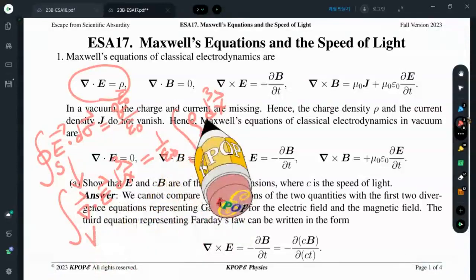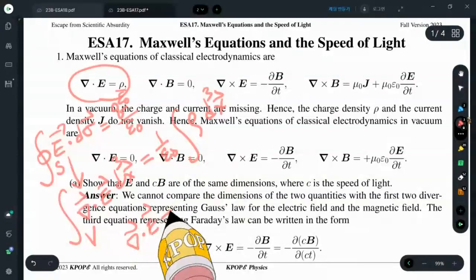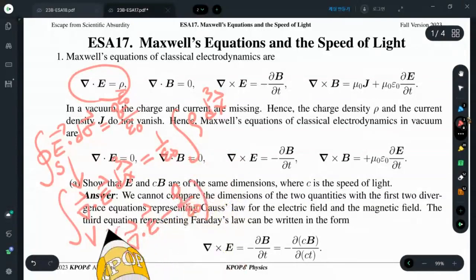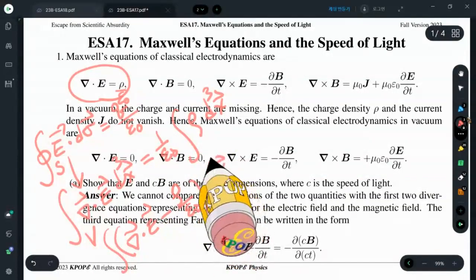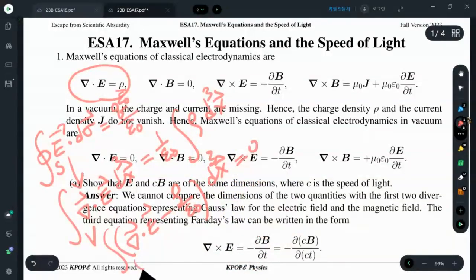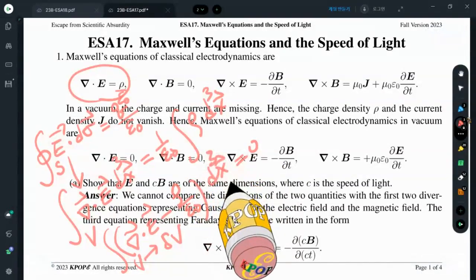So from this equation, divergence E subtracted by the density divided by epsilon zero, integrated over any volume, should be zero. If I shrink this volume into a very tiny one, this volume is very small.